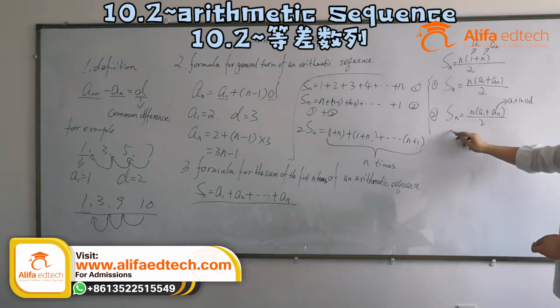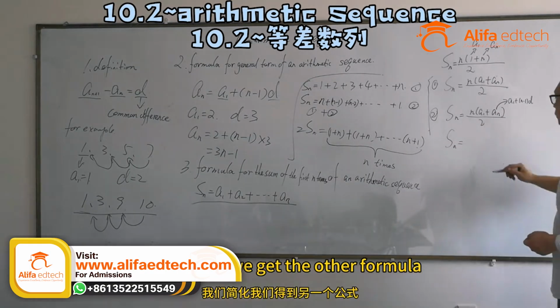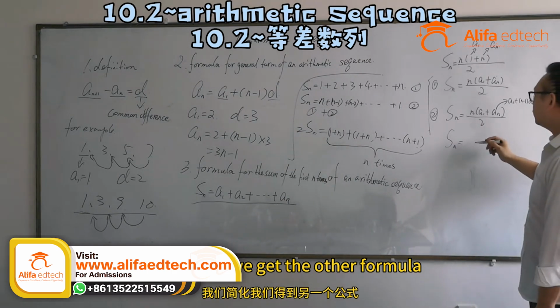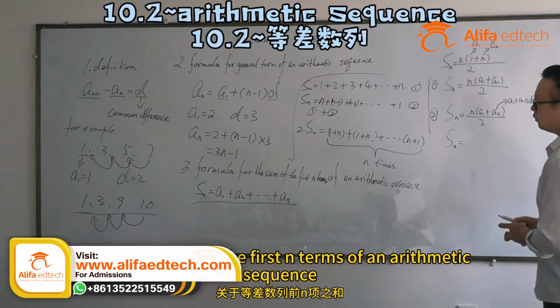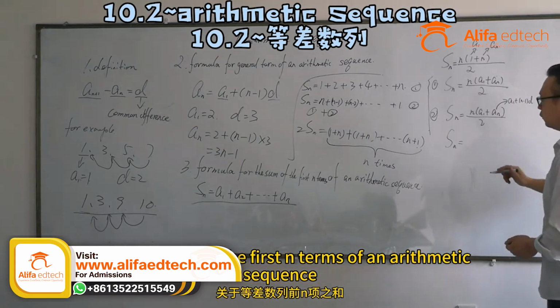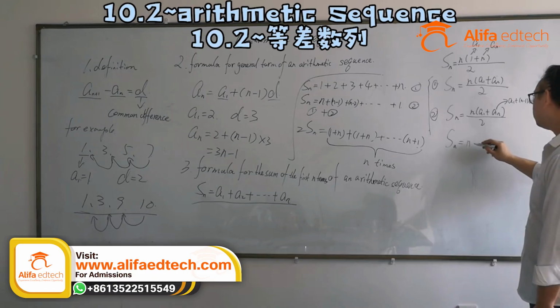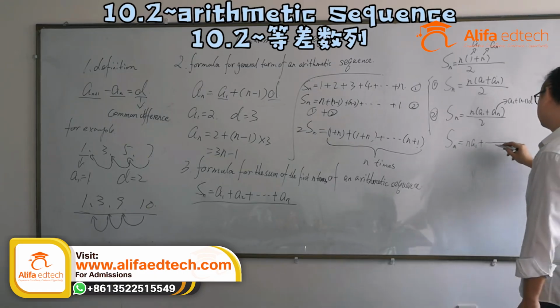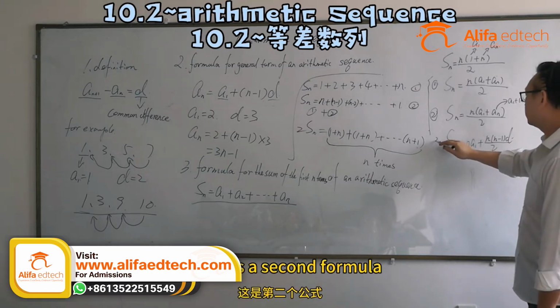So we simplify, we get the other formula about the sum of the first n terms of an arithmetic sequence. So this is the second formula.